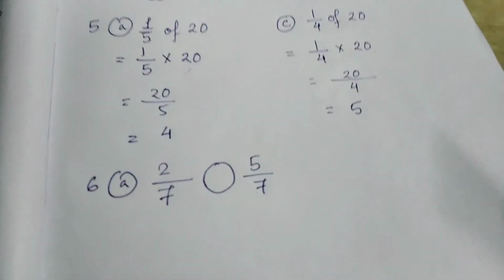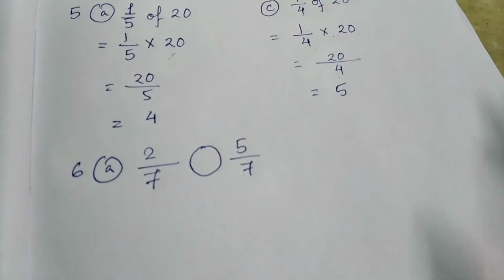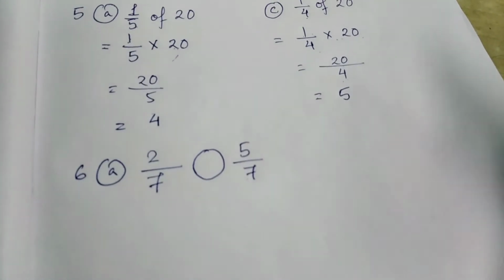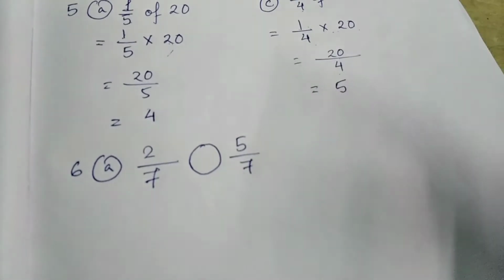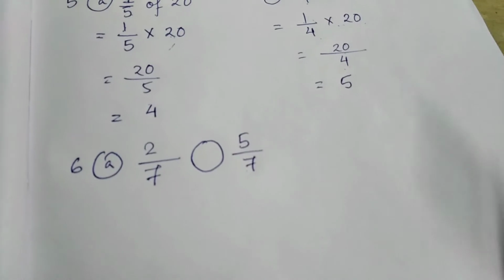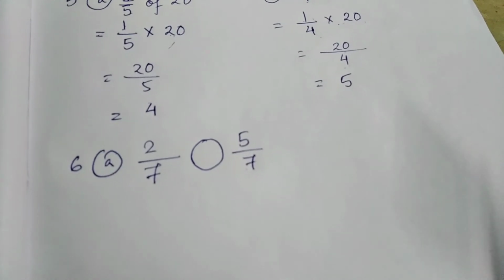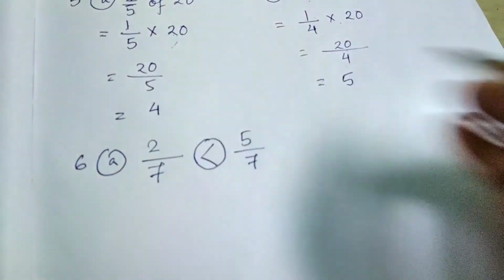Suppose you have 7 total parts, and out of that you have given 5 parts to someone and 2 parts to someone else. Just tell me who will get more. Obviously 5 by 7. So it will be this symbol.